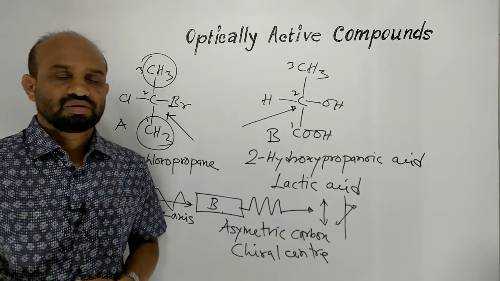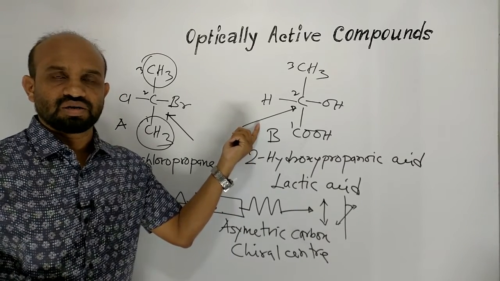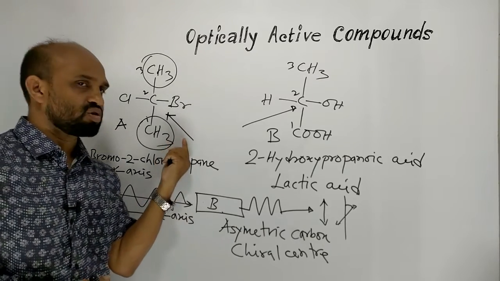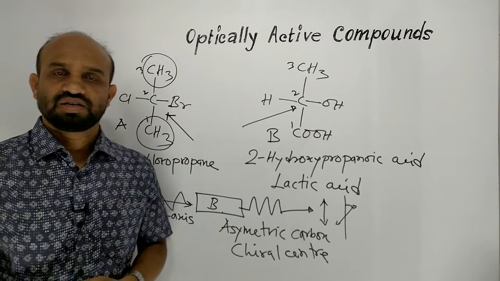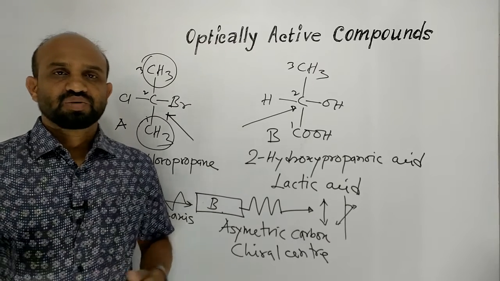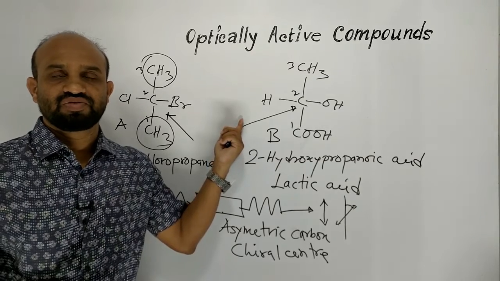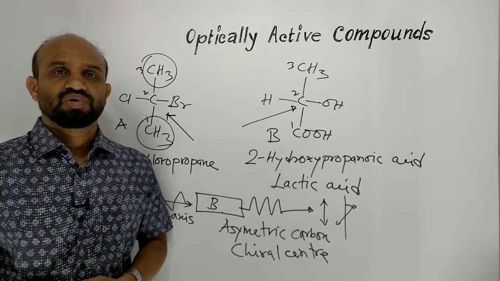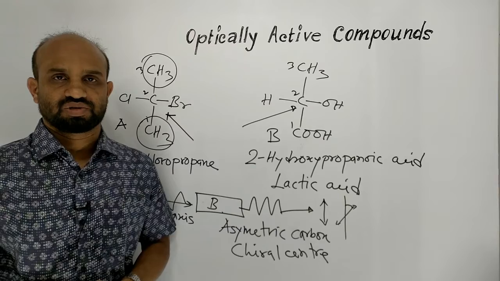This is the reason compound B with chiral center rotates the plane of polarized light, but compound A has no chiral center, that is why it cannot rotate the plane of the polarized light. Because of the presence of chiral center, this is optically active, this is not. Let's see some more examples of chiral compounds, that means optically active compounds.